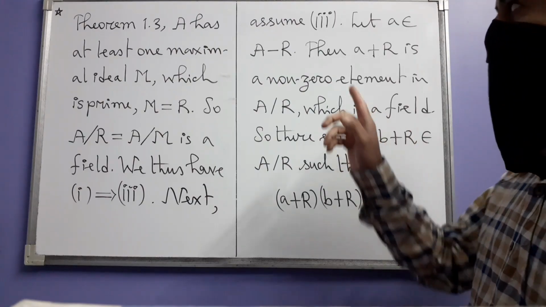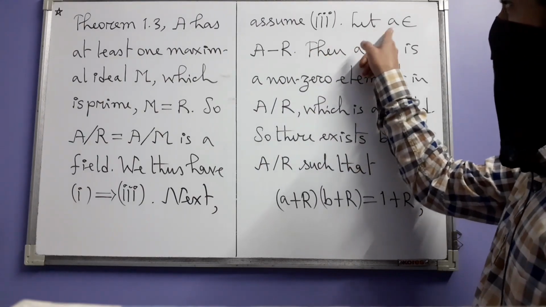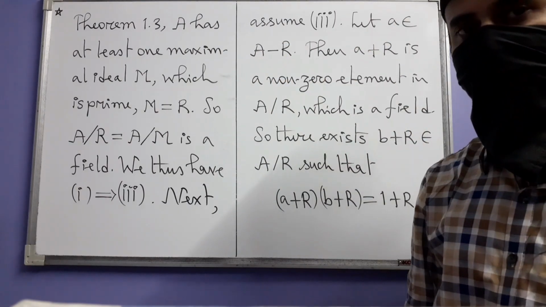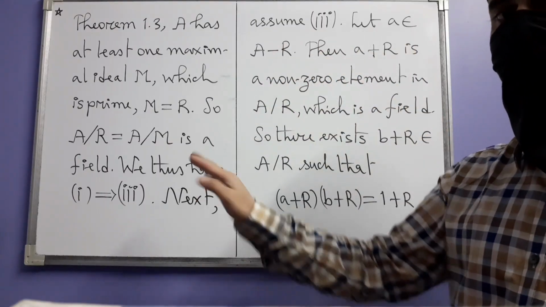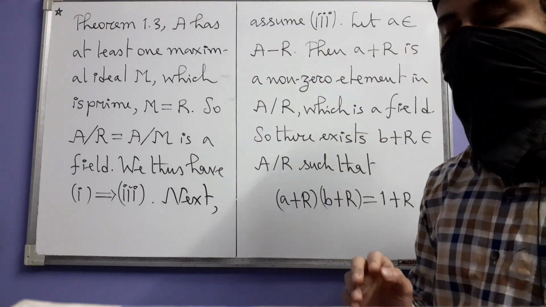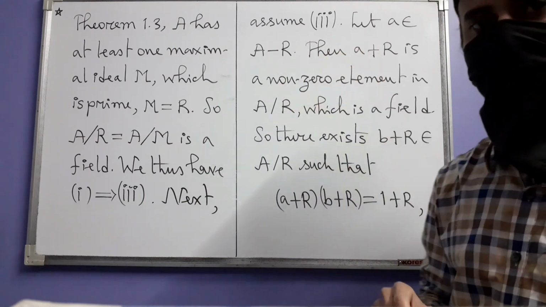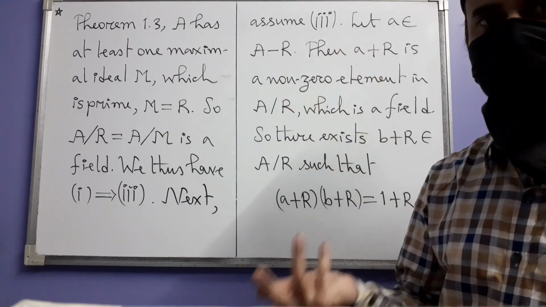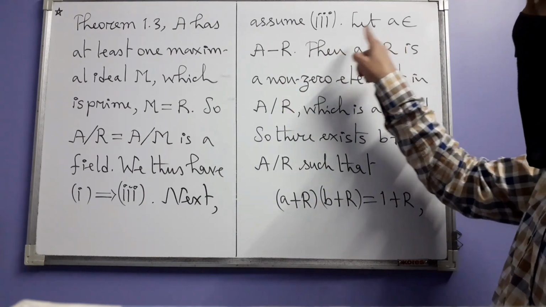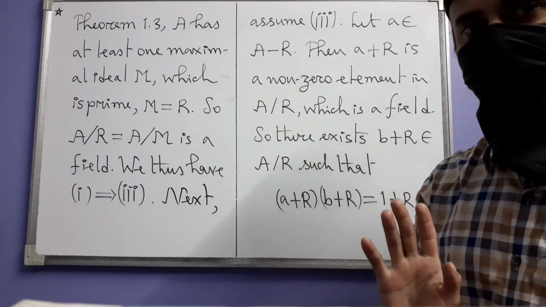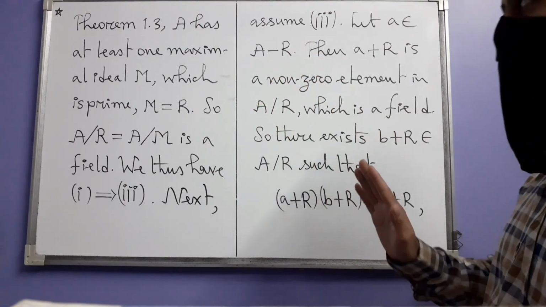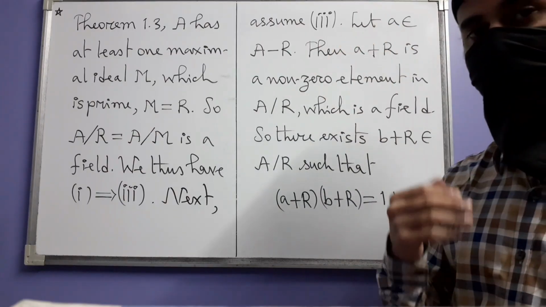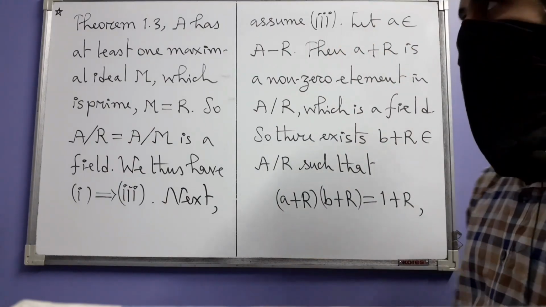So you ideally should have taken any element a in A, but why are we taking it in this difference? Why are we not taking it inside R? Because if a belongs to R, then a is nilpotent, there is nothing to prove. So let a be not in R, which just means that a is not nilpotent. Now our aim is to show that a is then a unit in the ring A.